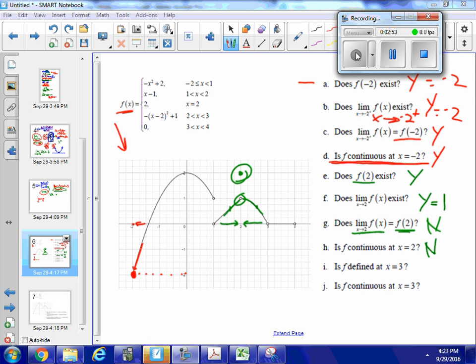The definition of a continuous function is that the limit as x approaches some number a of the function is equal to the value of the function at that point. So as I am approaching the number 2, my limit is 1. But my function at 2 is 2. And we all agree that 1 does not equal 2.